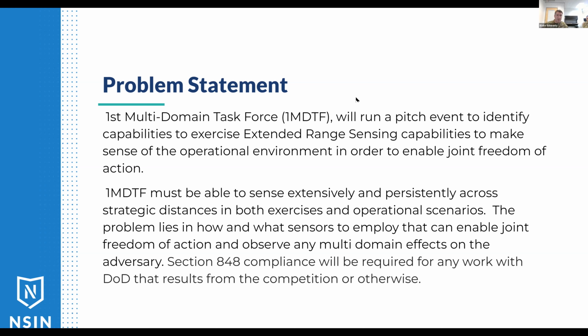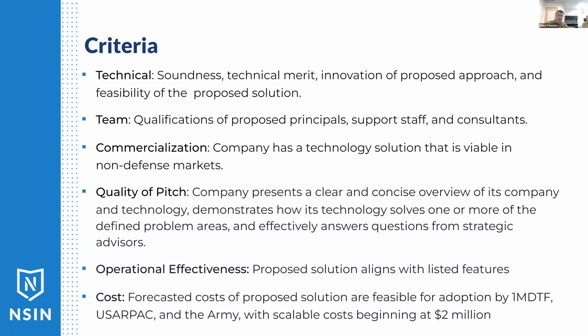Like, did I turn off the radio? I want to know that sort of thing as well. If I execute a non-kinetic effect, how do I know whether it was effective or not? That is a sensing challenge. Okay, and then Section 848 compliance is going to be required, of course, for any of these. Just have to have it to work with DoD.